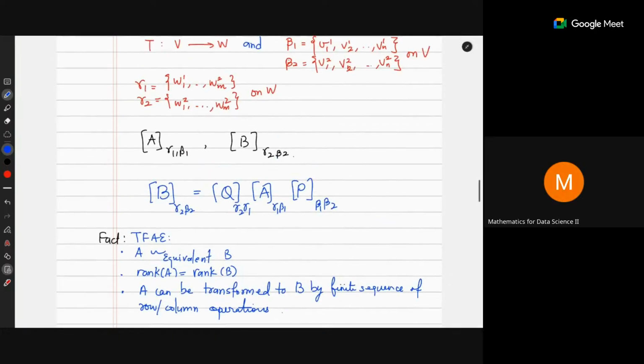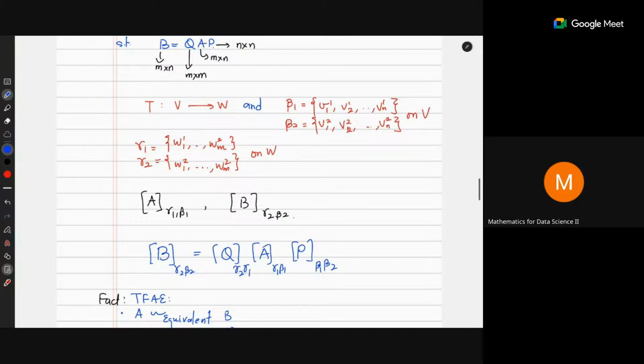In order to find A and B, you don't need to find P and Q. You can independently find A and B, because you know what T is. So you can express T and find those with respect to the bases.